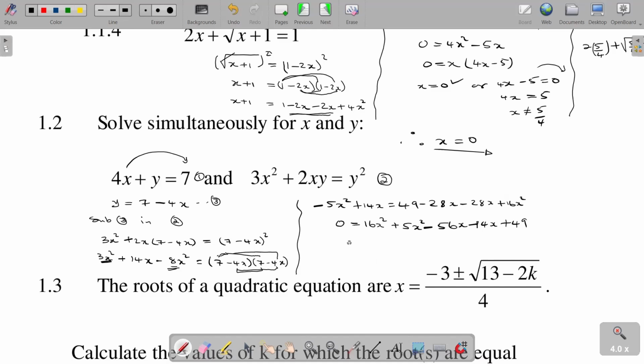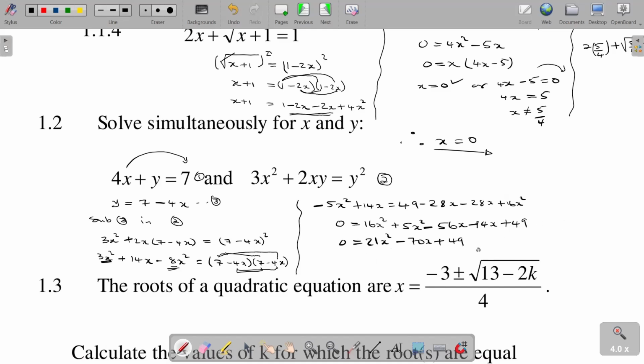So our equation becomes 21x squared minus 70x plus 49.